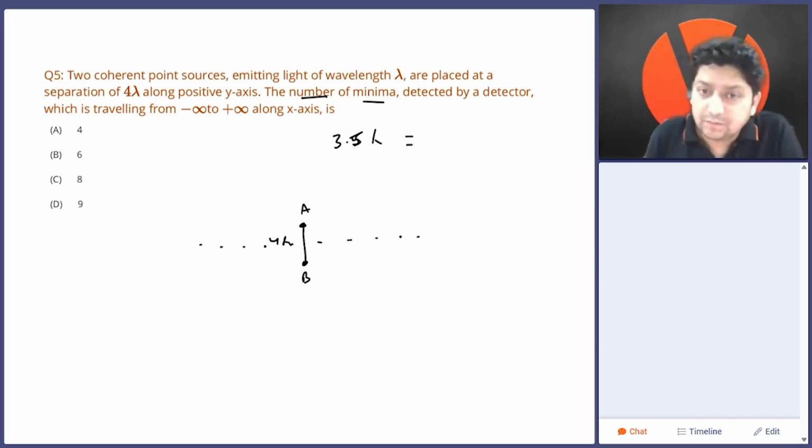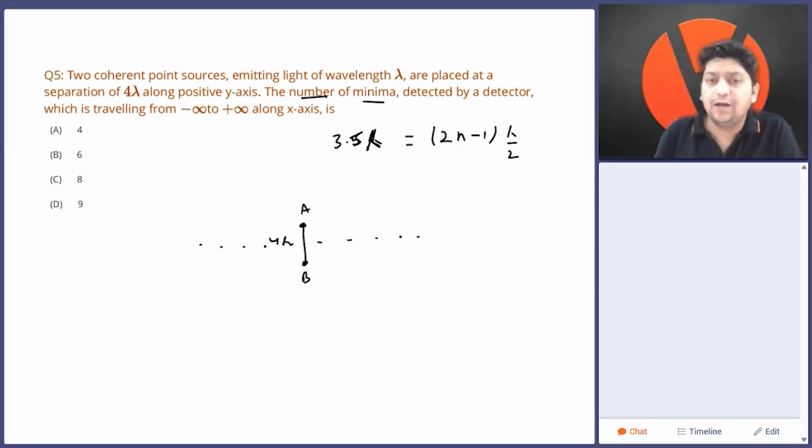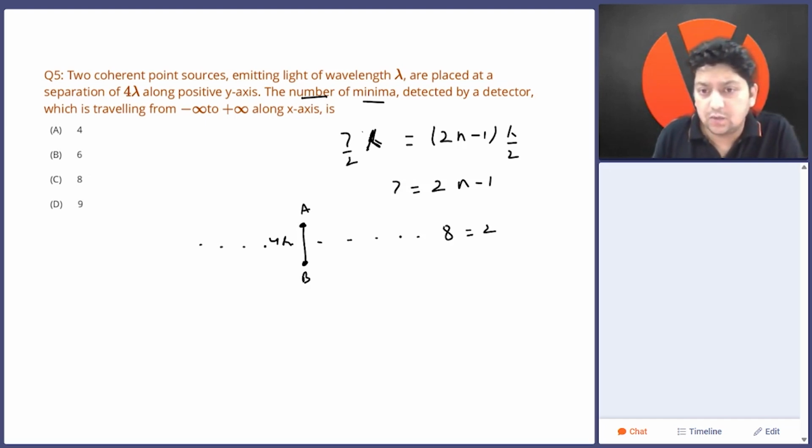Let's figure out for this path difference which minimum we get. The condition of minima is (2n minus 1) lambda by 2, and 3.5 can be written as 7 by 2. So lambda and lambda cancel out, 2 and 2 cancel out, and 7 equals 2n minus 1, which is 8 equals 2n, and n comes out to be 4.